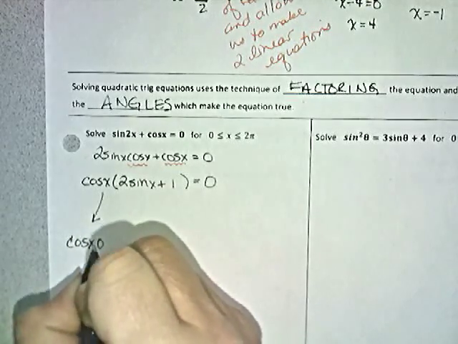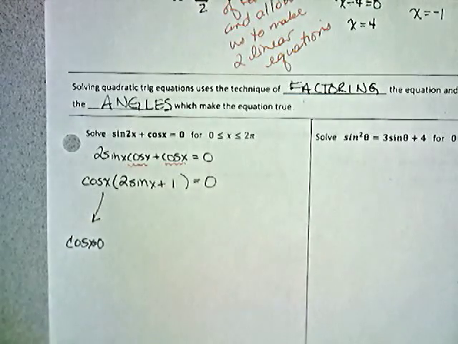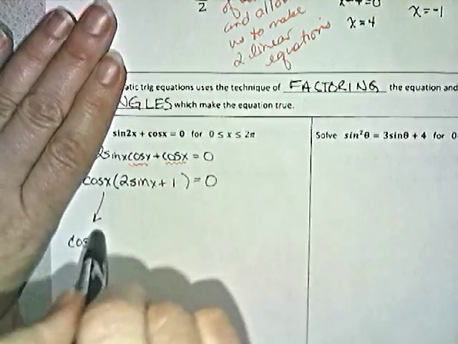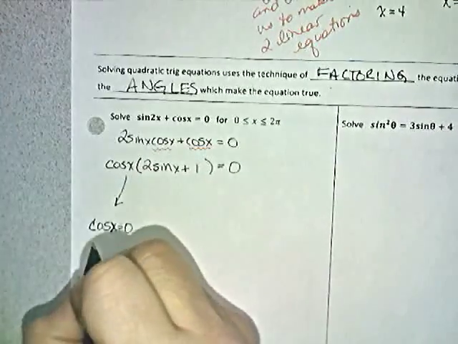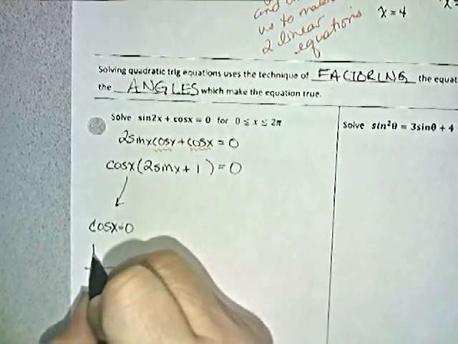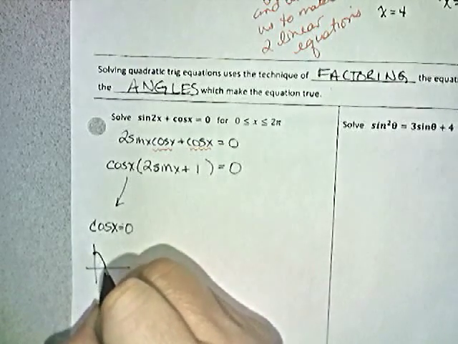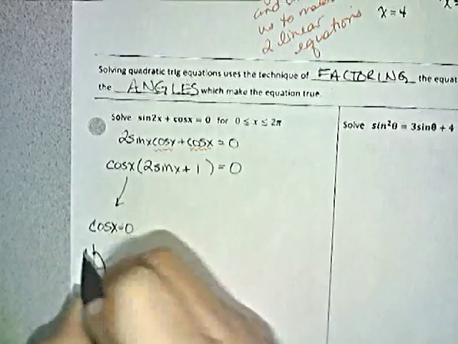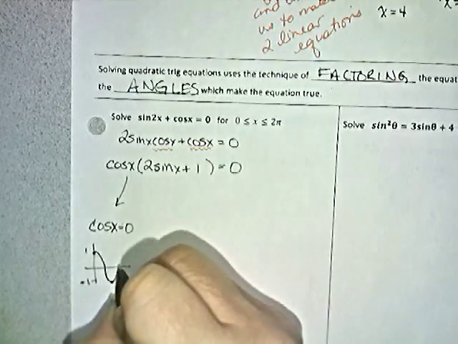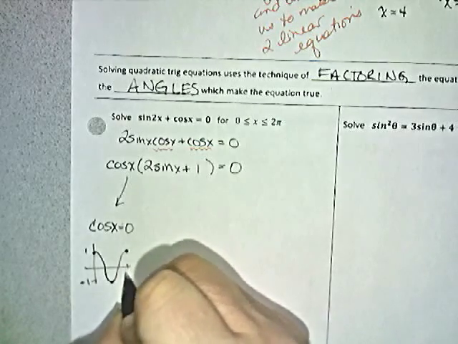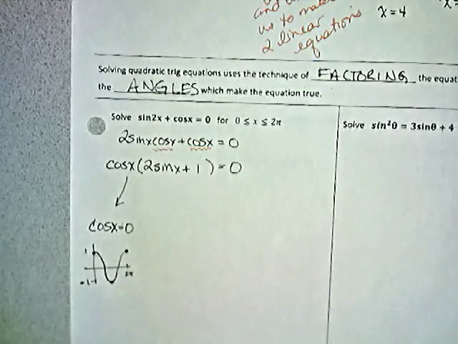cos of x being equal to 0, we could go to our unit circle, or if we remind ourselves very quickly of a sketch of the graph of cosine, we know that cosine starts at its maximum of 1, ends at its maximum of 1 in a 2 pi radian set of angles.